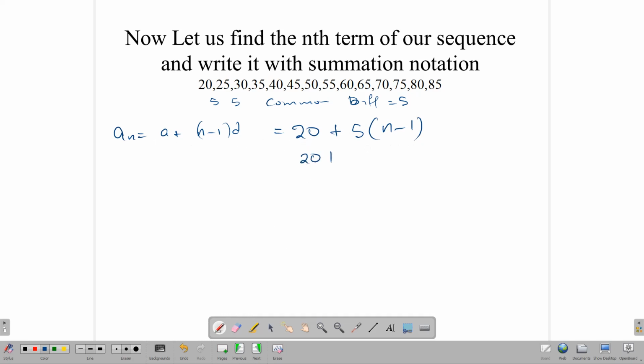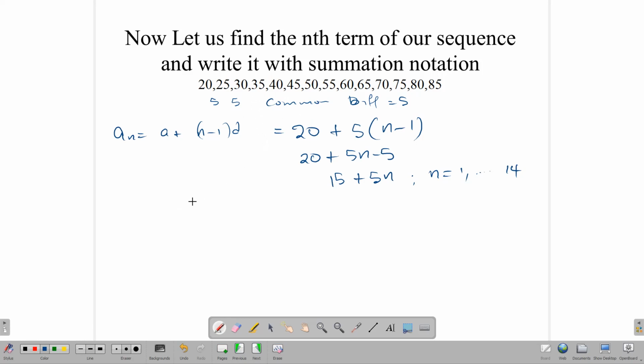This gives us 20 plus 5n minus 5, which gives us 15 plus 5n for n equal 1, 2, up to 14. Now we can write this using the sigma notation as a series.